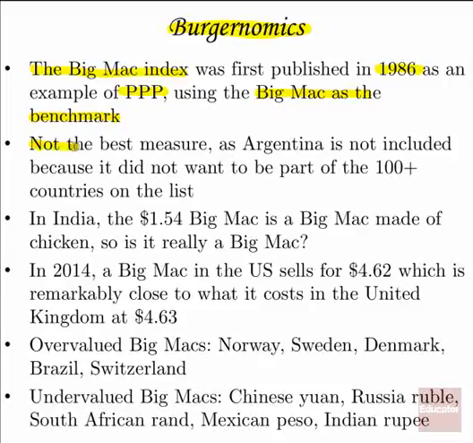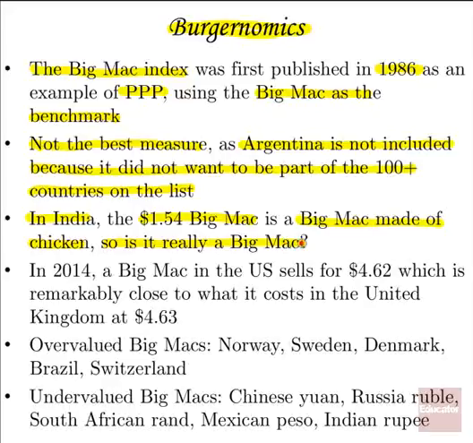Now, obviously, it's not the best measure. For example, Argentina is not included because it did not want to be part of the 100-plus countries on the list. Maybe they were ashamed about some of the inflation that was going on, or maybe they want to control the interest rates a little bit more, but they were not included in the Big Mac Index. And in India, there's a $1.54 Big Mac. It's really cheap, but is it really a Big Mac if it's made of chicken?